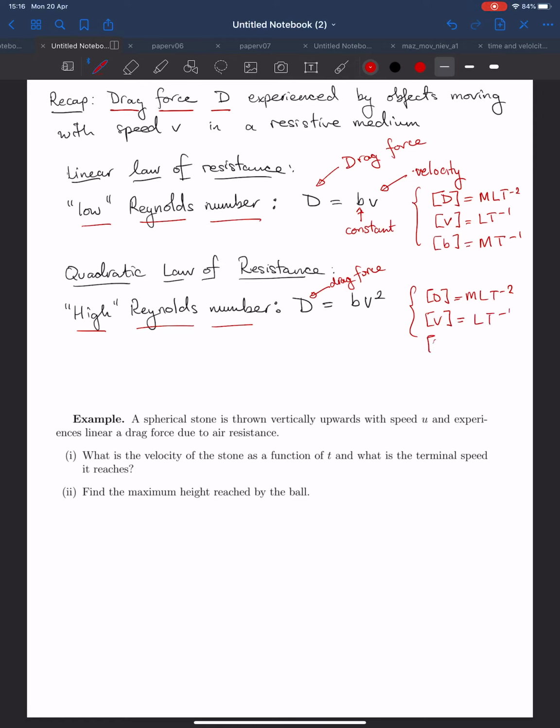Okay, so if V has the dimensions L times t to the minus 1, then the dimensions of this squared is just this.